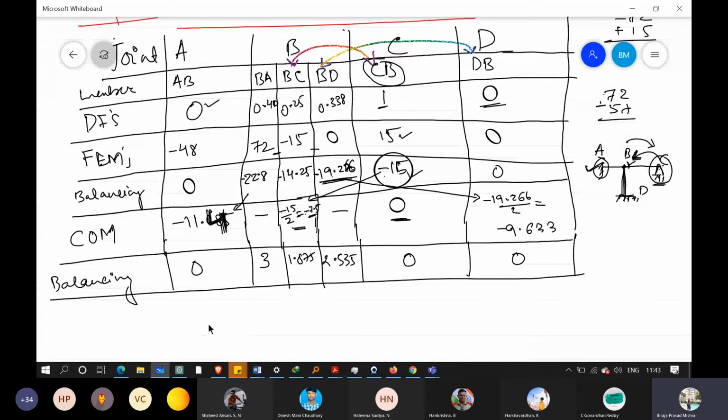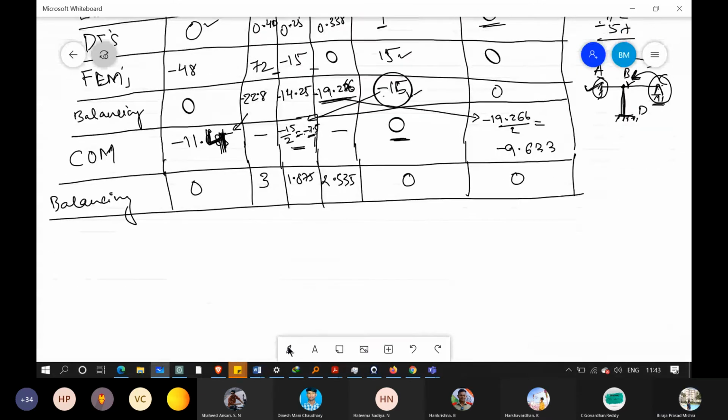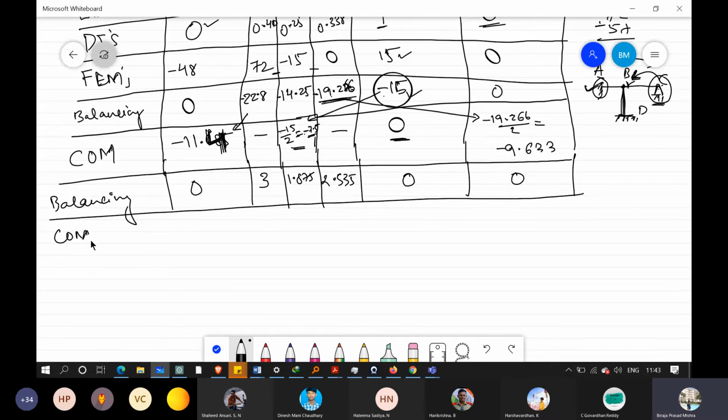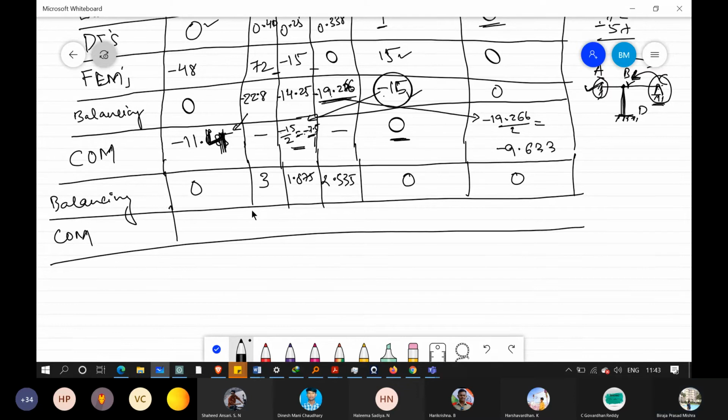Next one will be again carryover moment or carryover factor, whatever you may write. So this one will come here and it will be 1.5. Then nothing will be here.